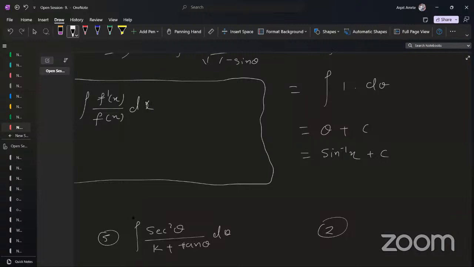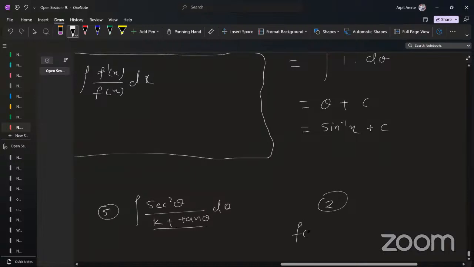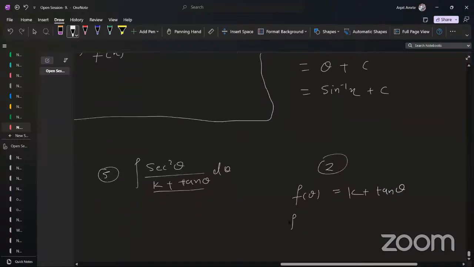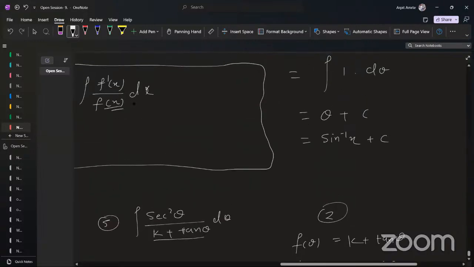If you take f theta equals k plus tan theta, then f prime theta, k being just a constant, will be sec square theta only. So this is the form of that. You don't need to do anything. It will become ln of f of x plus c.